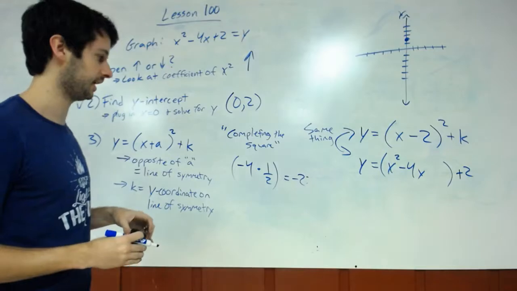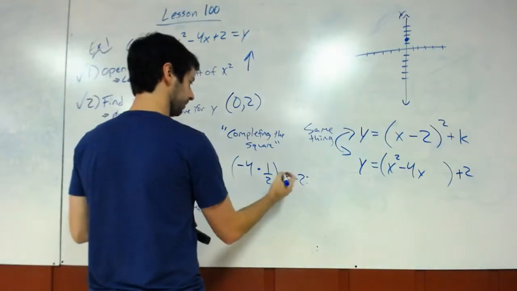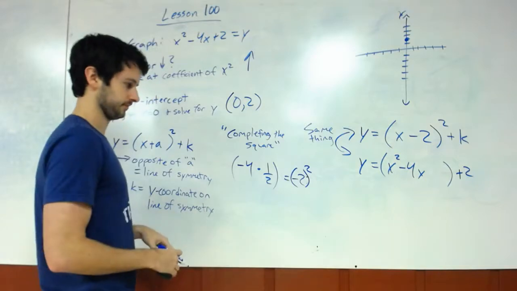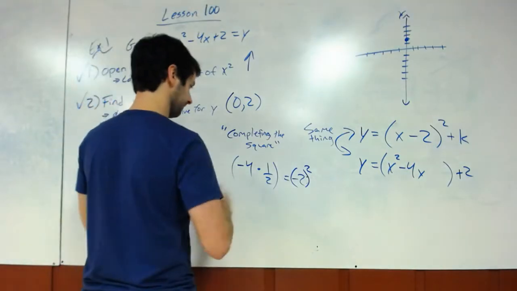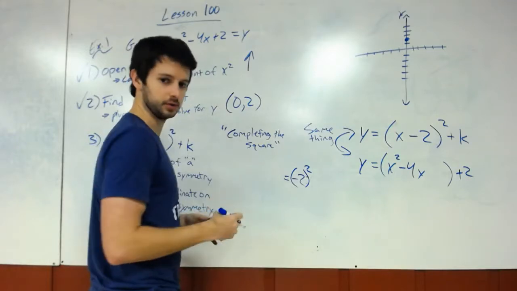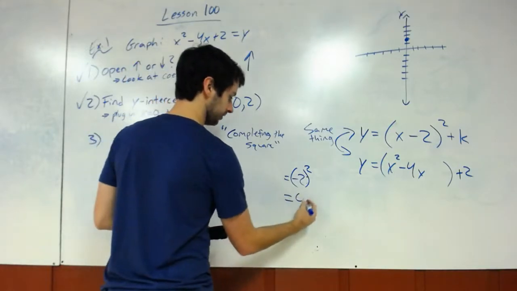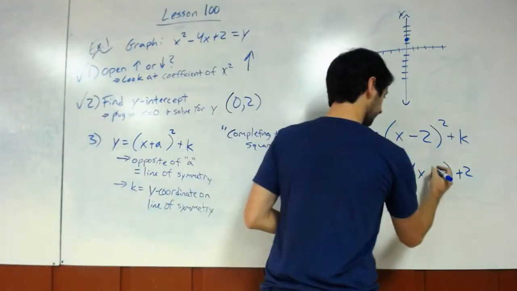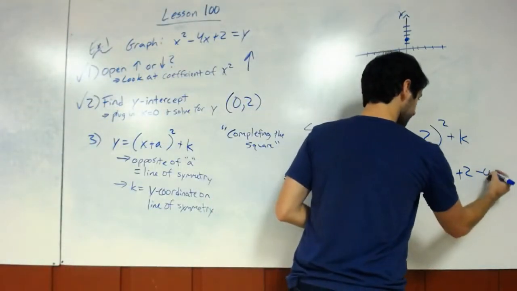Now we got to find k. So the next step was we would square what we had there. So when we square what our a would be, that equals a positive 4. So how we plug that in is we plug it in here and then plug in the opposite here.